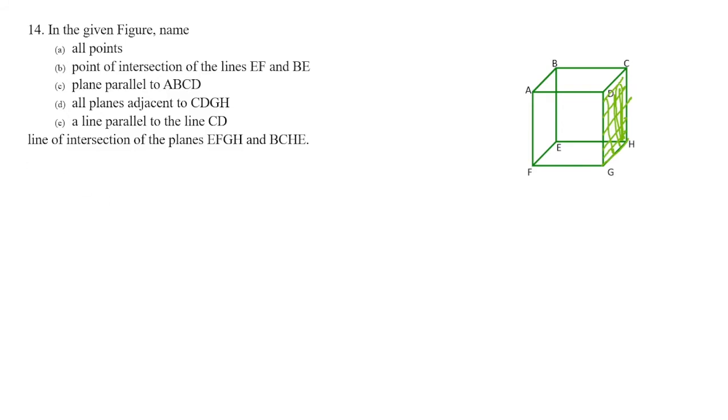So we have this. It is A, B, C, D. Then we have this over here, this back area.